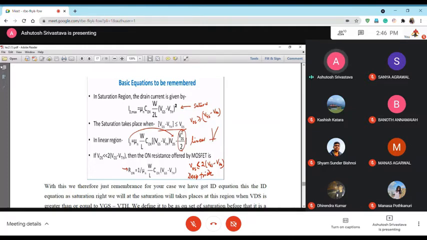When your drain source voltage becomes higher, that is greater than or equal to the overdrive voltage, which is VGS minus VT, then we reach the saturation region condition. So the drain current, from linear, becomes quadratic in nature and becomes independent of drain source voltage.